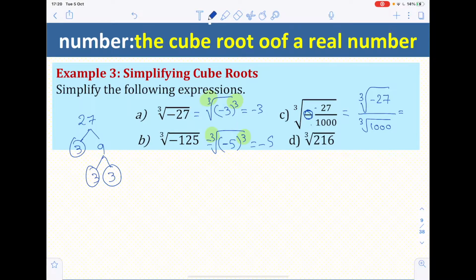So here, the third root of 27 is negative 3. And the third root of 1000, since 1000 is 10 to the power 3, I could write 1000 as 10 to the power 3. Now I cancel the power with the root, and I'm left with 10.